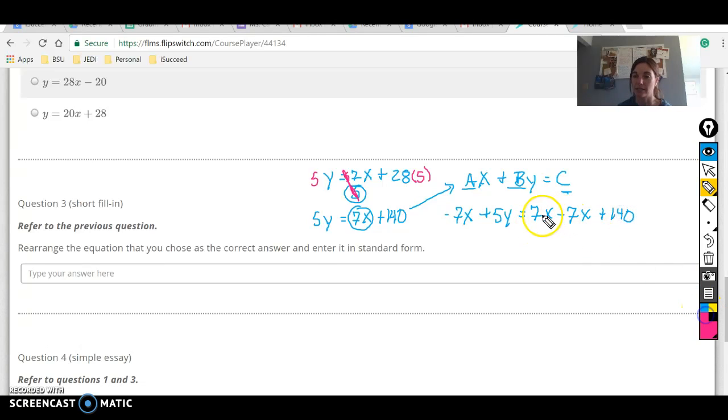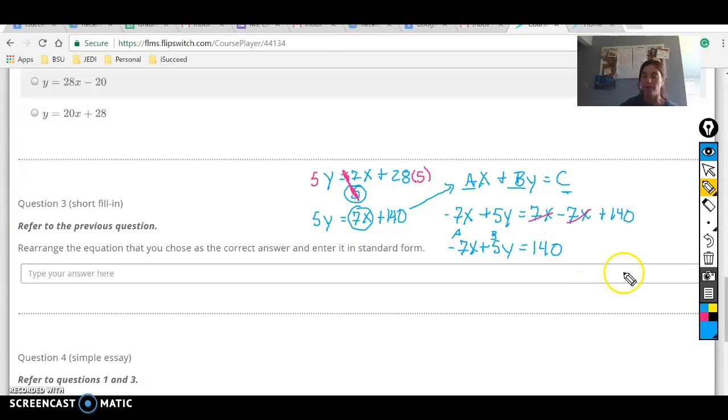The 7x's here are going to cancel out, and my final answer here is going to be negative 7x plus 5y equals 140. So now I'm in ax plus by equals c, where a is negative 7, b is 5, and c is 140. Okay?